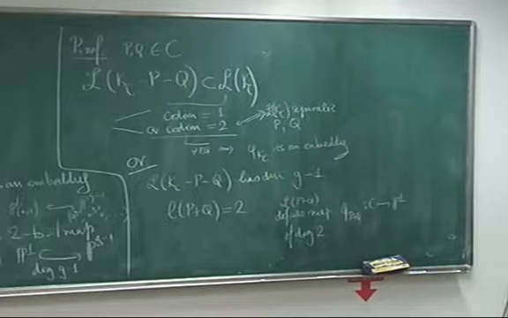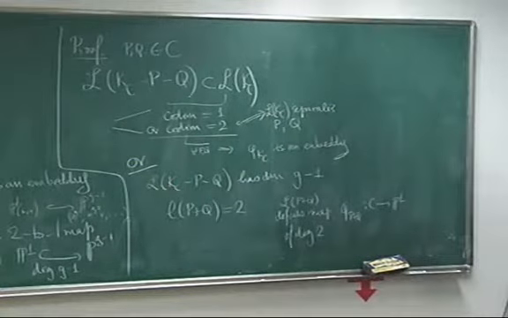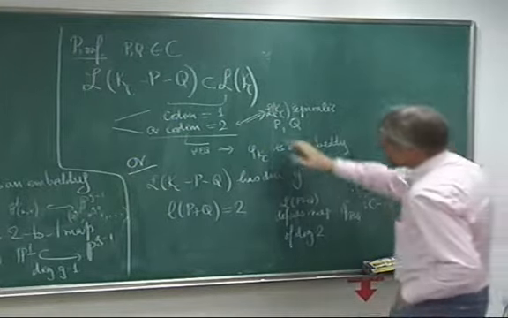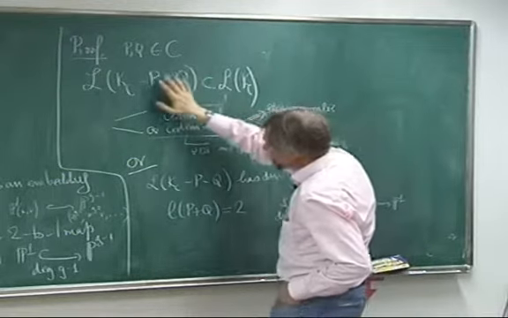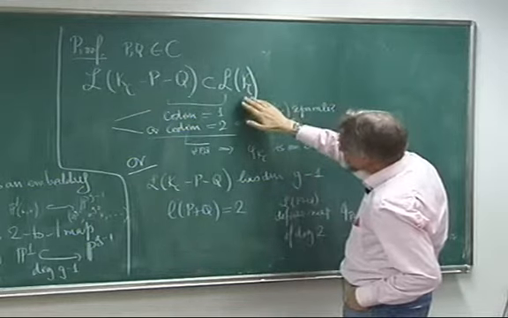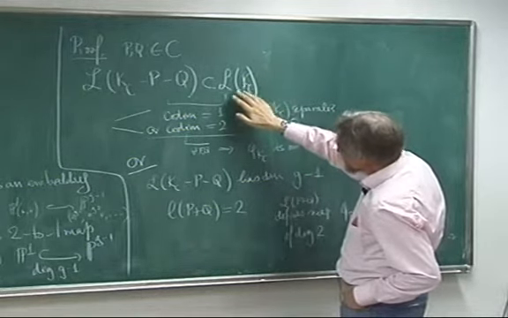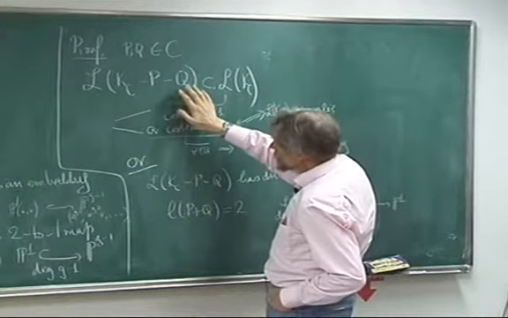So, these arguments are very simple. They're sort of sophisticated, but they're really very simple, technically very simple arguments. Right? I have this result about saying what's the dimension of these linear systems. And so I ask the question, I go down from L of K_C to L of K_C minus P minus Q, what happens?